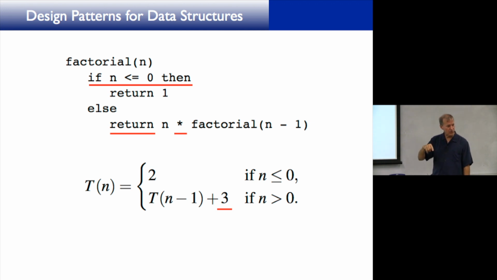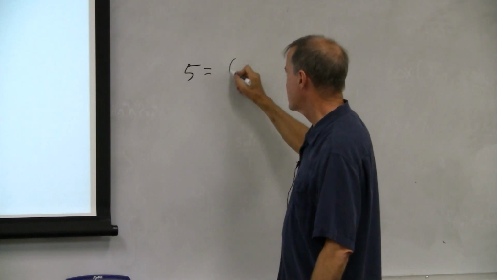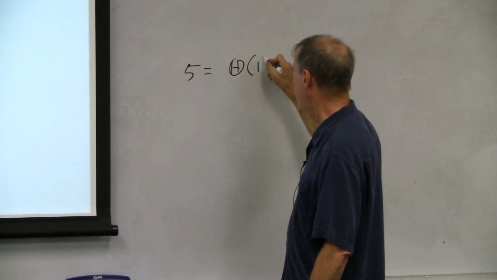When you do your homework, it's okay not to use these specific numbers, because the numbers will be different in your first base case and in the second base case. What we're saying is that any constant, like 5, is big theta of 1.